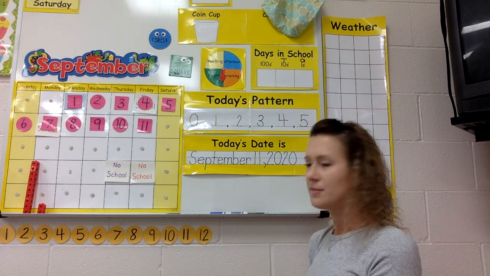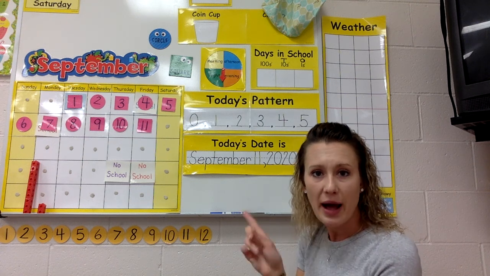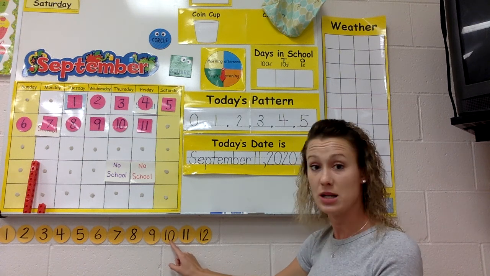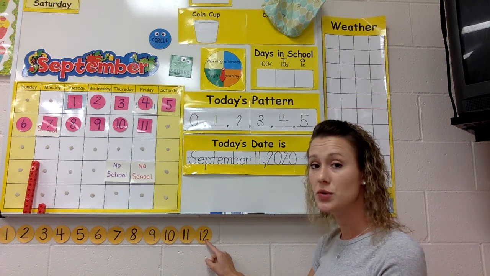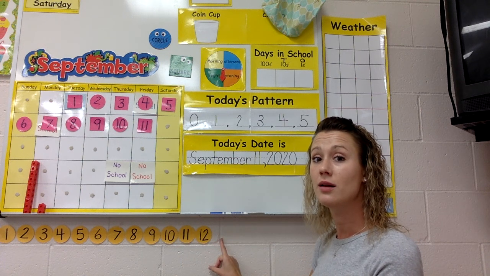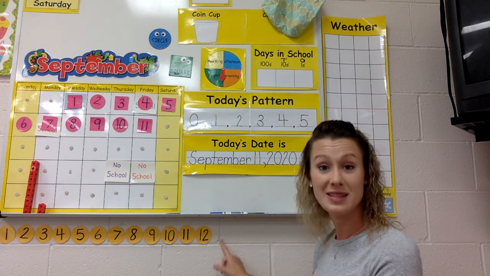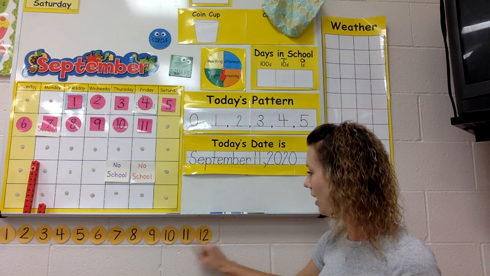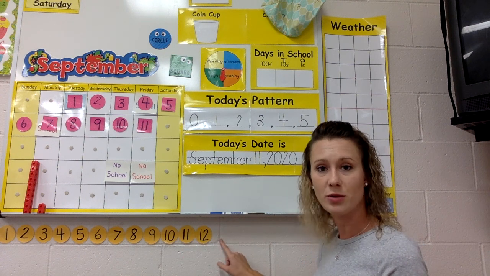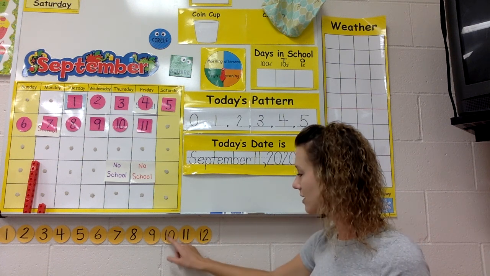Yes. Now, do you know what a 13 looks like? I'm going to give you a little clue. Watch. A 1 and a 0, a 1 and a 1, a 1 and a 2, a 1 and a 3. It's a pattern. Look, it's just like we're counting 0, 1, 2. So the last number will be a 3, but I need a 1 first.